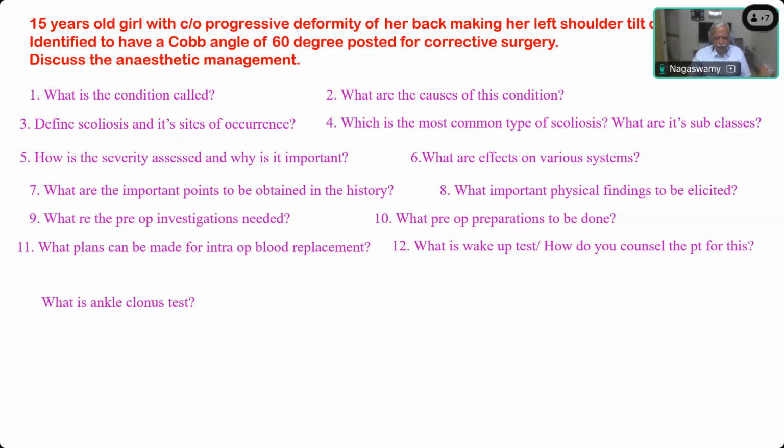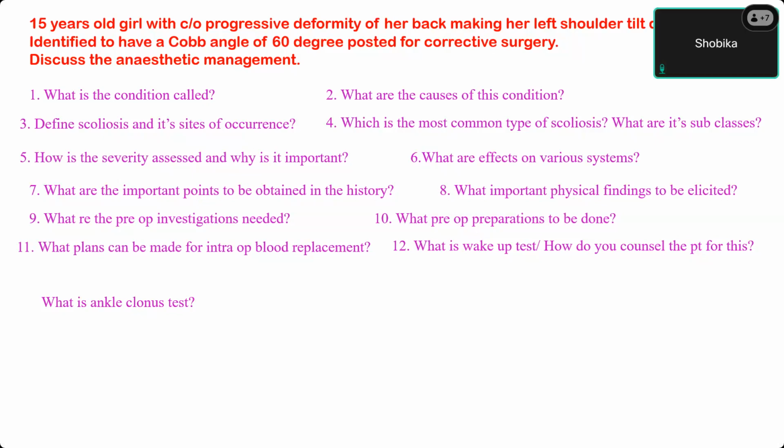So you can tell the patient that you can bend your toes or bend your ankle. And if the patient is able to do that, it means the wake-up test is positive. Yes, sir. And the patient will be put back to sleep. The motor neurons are intact and not damaged. Who described this test?